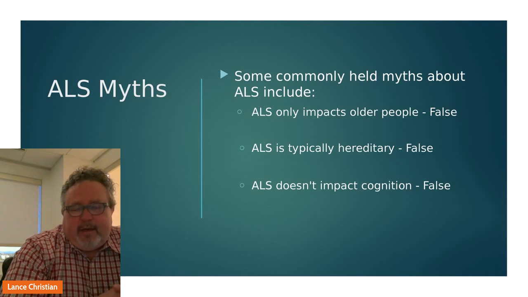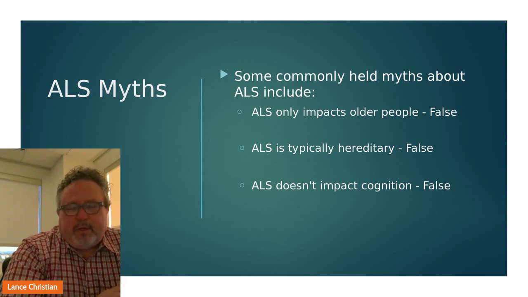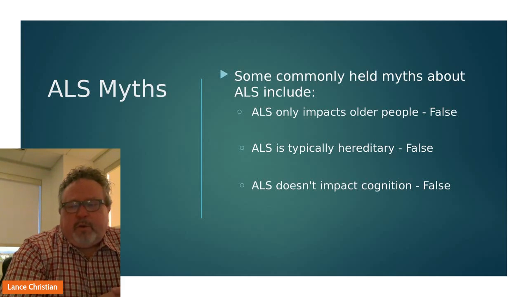So assessing that and understanding it is very important for the clinicians so that the caregivers who are supporting people with ALS can have the most appropriate supports that they may need.